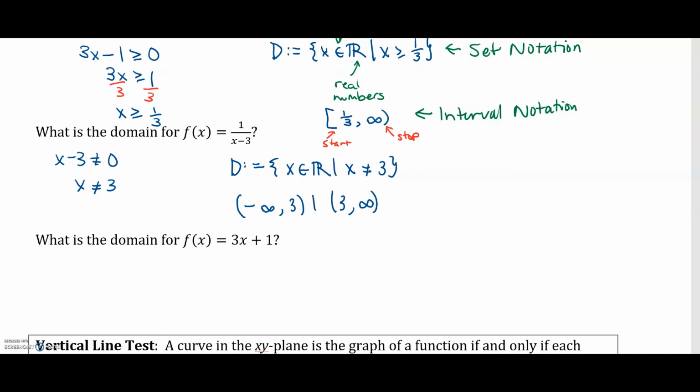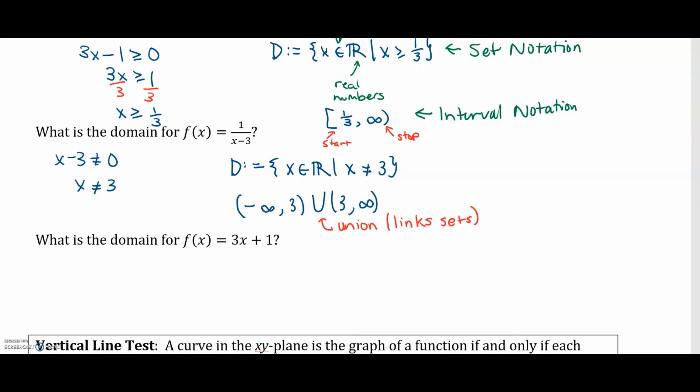And we want the combination of these two sets, which we write as a union. Notice here in interval notation, all of my brackets are round brackets because we don't want to include the value of x equals 3 in any of the sets, because our domain is such that x cannot equal 3. And we've already described why we cannot have square brackets on positive or negative infinity.